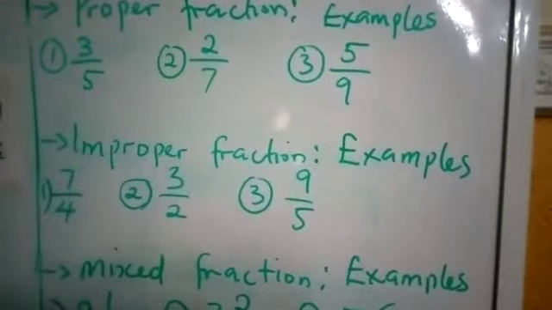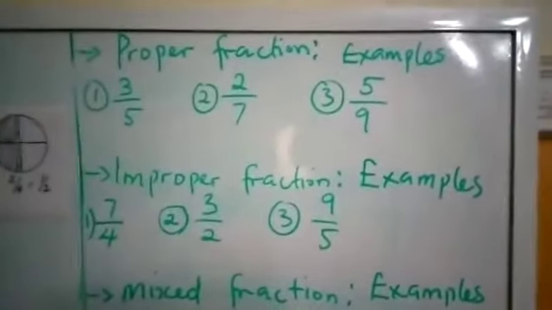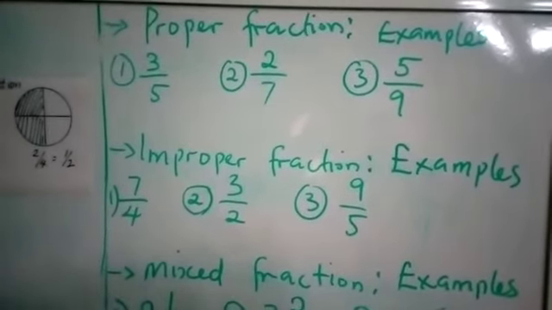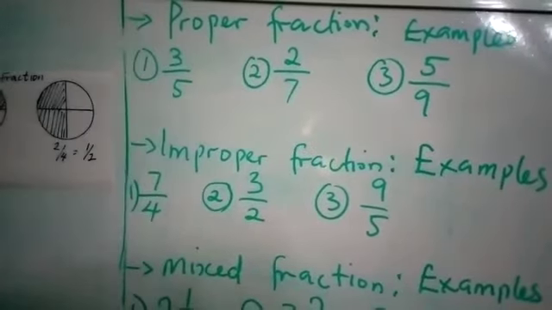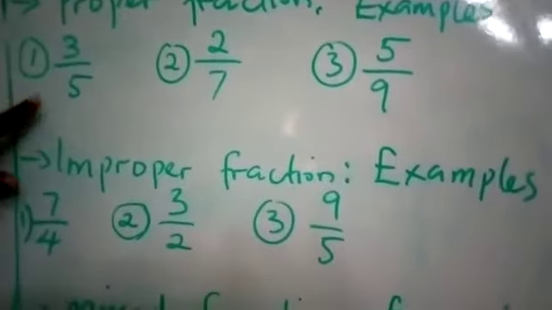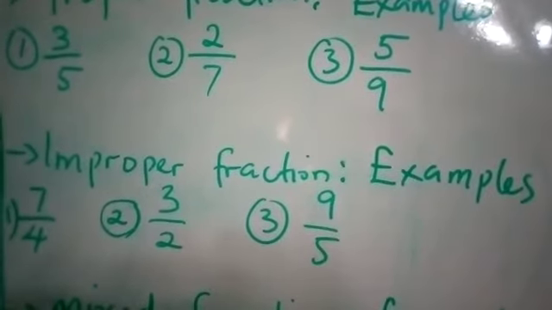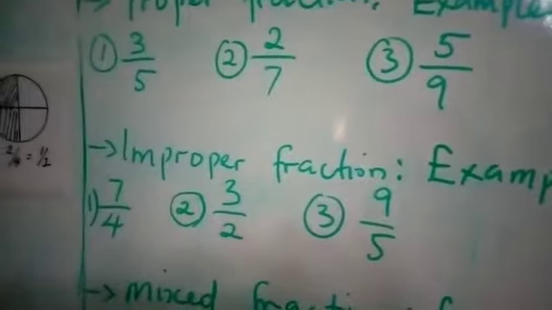It's like you carrying your baby brother or your baby sister. It is proper because you can actually carry them. Your weight is higher than the weight of your baby brother, so it's easy for you to carry. In this case, 5 is bigger than 3. So 5 carries 3 comfortably. It is a proper fraction.